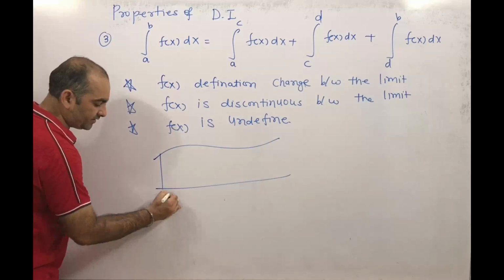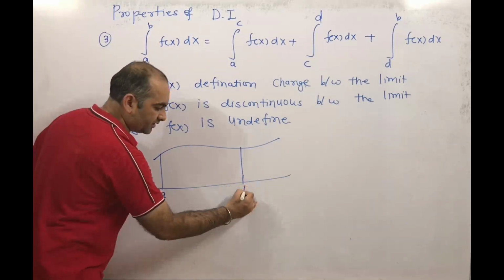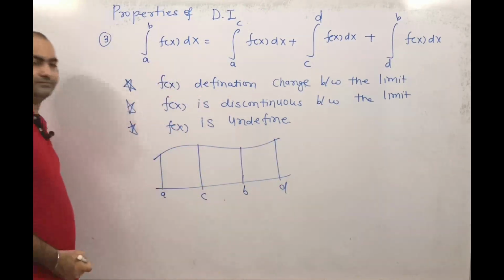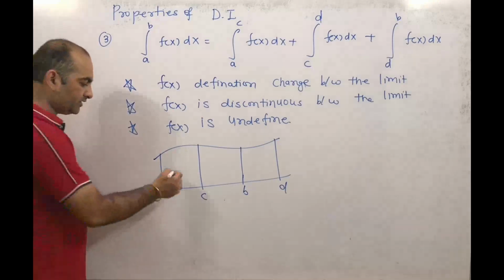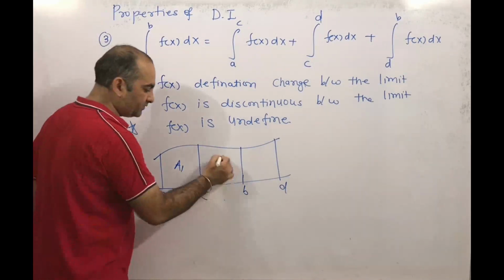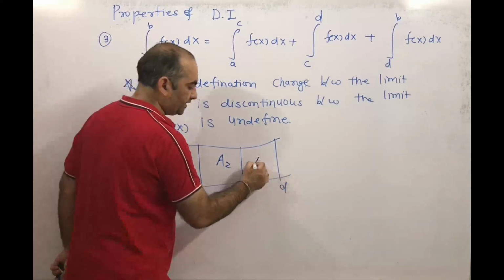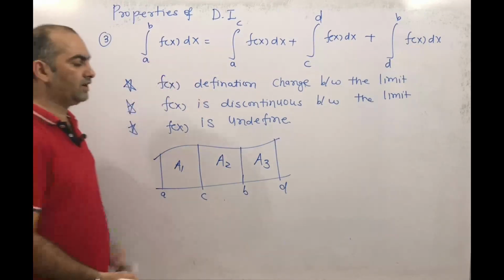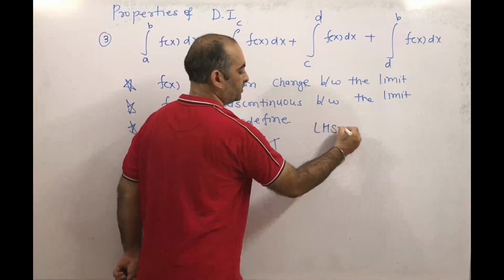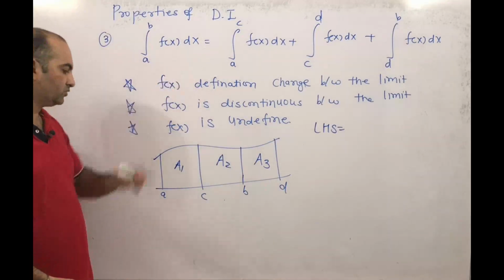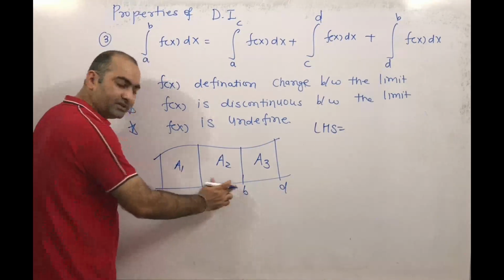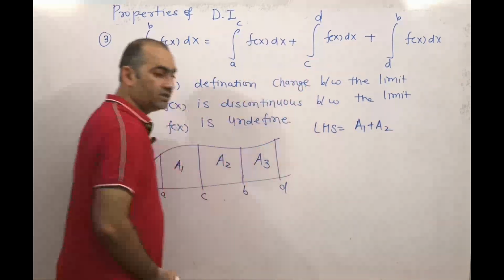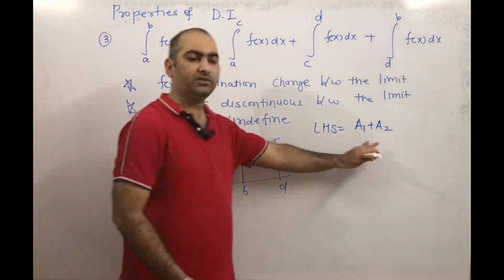This point is A, this point is B, this point is C, and this point is D. The area from A to C is A1, the area from C to B is A2, and the area from B to D is A3. Now the integration from a to b of f(x) dx, the LHS, means this area plus this area, that is A1 plus A2. So the right hand side should also come to A1 plus A2. So RHS.